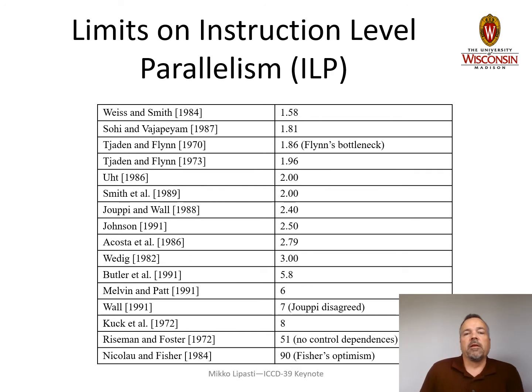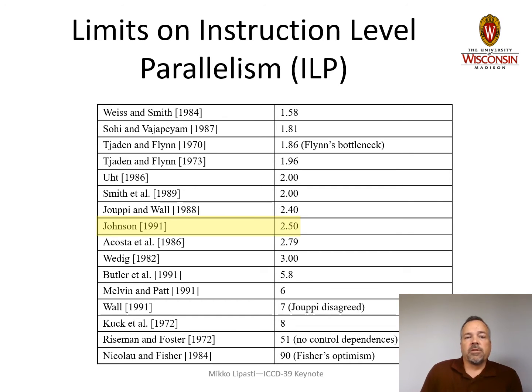Now, the amount of parallelism that we can extract, that middle term, has been a subject of heated debate for many decades. This slide just shows some studies from the past that have indicated that, hey, maybe there's as much as degree 90 parallelism. This is a study from Nicolau and Fisher in the early 1980s, to much more conservative estimates ranging from 1.58 to something a little bit over 2 instructions per cycle.